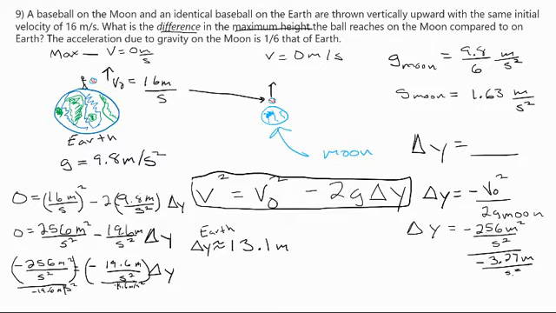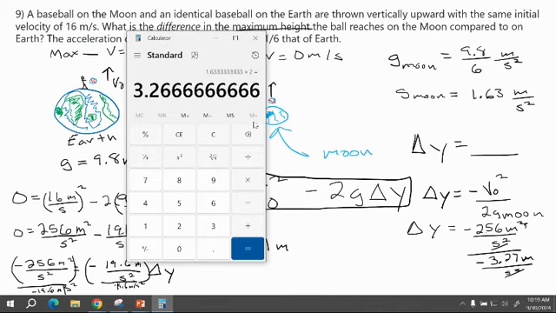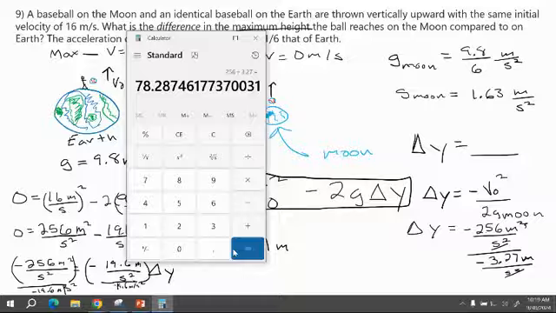And so what happens is this second squared cancels with this second squared. One of these meters cancels with this meter, and so then I just got to plug in my calculator. 256 divided by 3.27, and I end up with like 78.3 roughly.